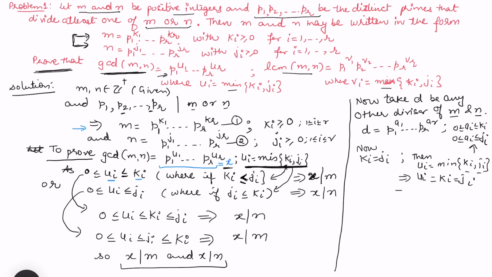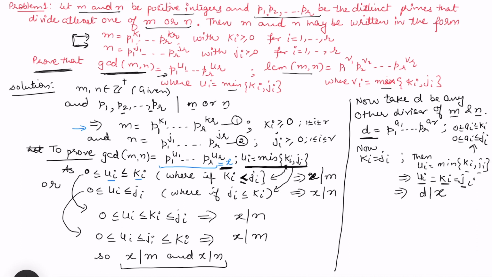So in this case, if we look at this x again, this d must divide this quantity x, because ki, ji and ui are the same, and here these ai's are smaller than these ki's and ji's, so d must divide x.